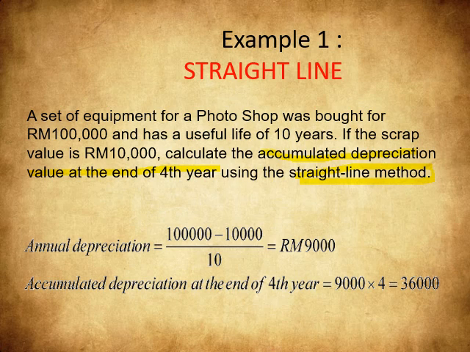So every year the equipment depreciates by 9,000. To find the accumulated depreciation for 4 years, you multiply by 4. 9,000 times 4 gives the accumulated depreciation, that is 36,000.